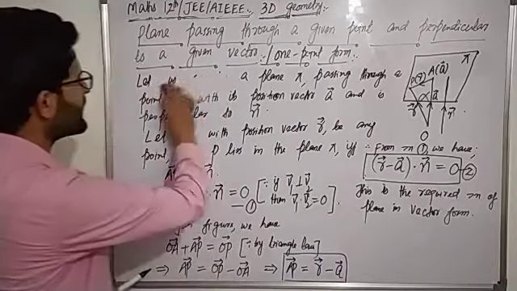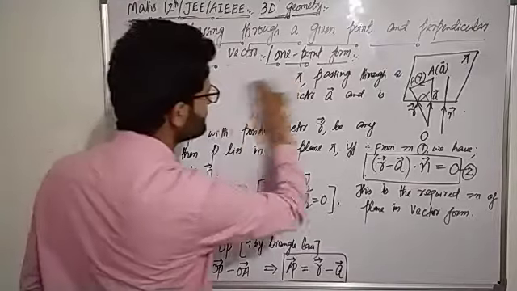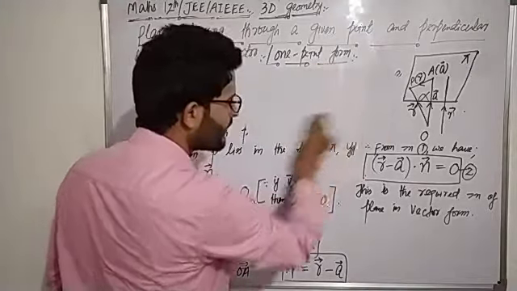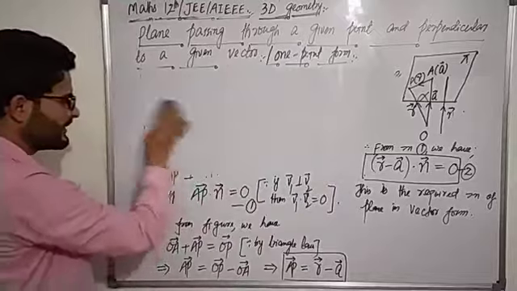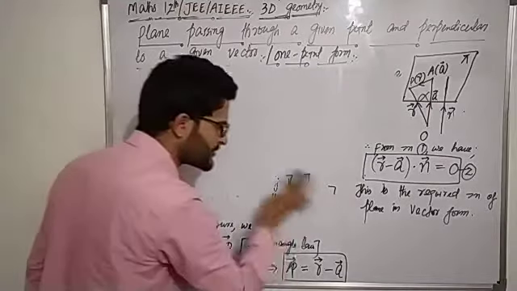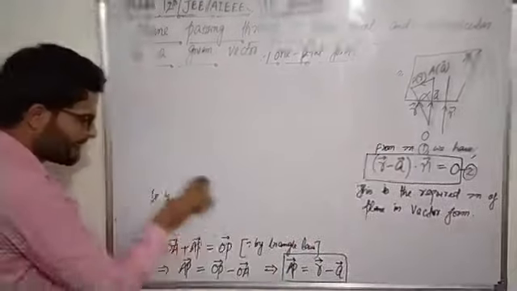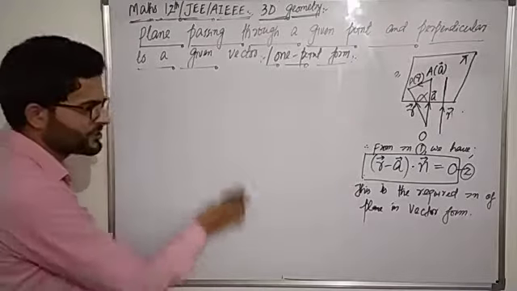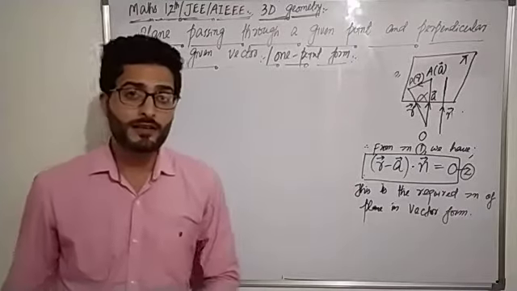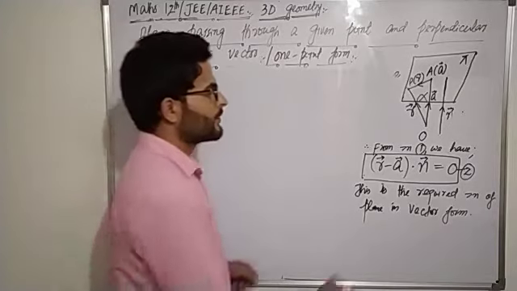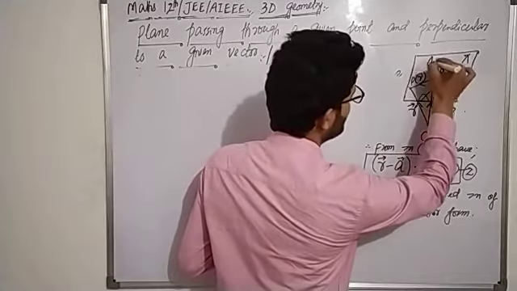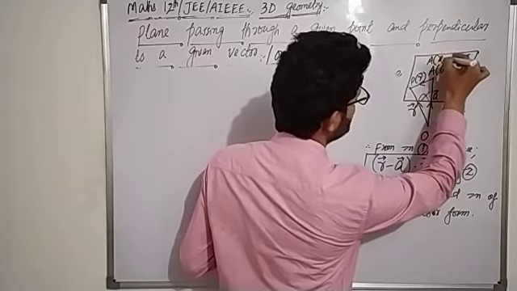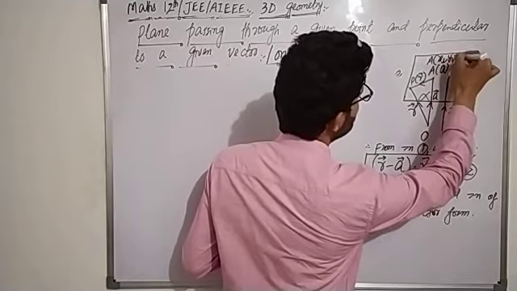Now what will be the Cartesian equation of this plane? When we are talking about the Cartesian equation, we must deal with the coordinates, not with the position vectors. In vector form we deal with position vectors, but in Cartesian form we will deal with the coordinates of the point. So you have a given point A, whose given coordinates will be, suppose, x1, y1, z1.